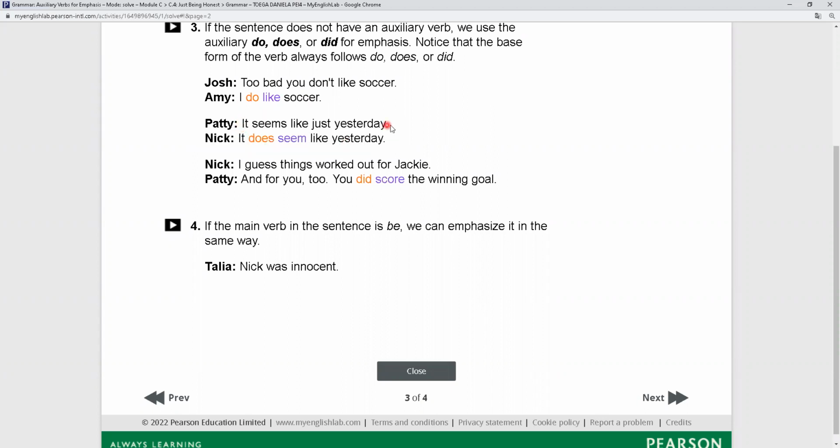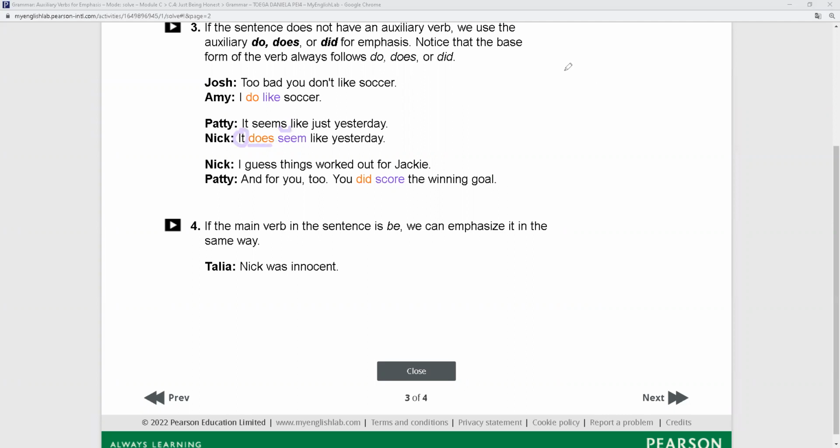It seems like just yesterday. Estoy hablando del presente, pero estoy dando una referencia del pasado, pero el tiempo sigue estando en presente. Entonces, it seems, estoy hablando en simple present, es por eso que aumentamos una S por la regla del simple present. Ahora, como estoy ya hablando en otra persona, utilizo otro auxiliar, el does.